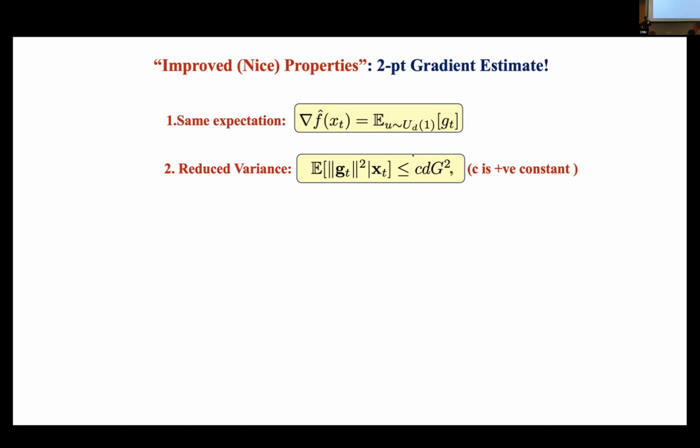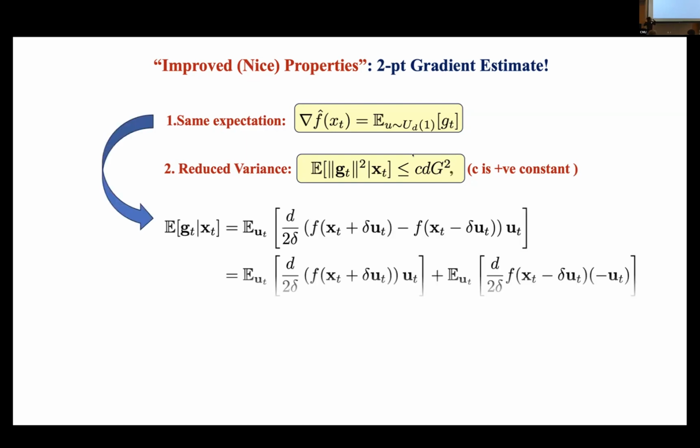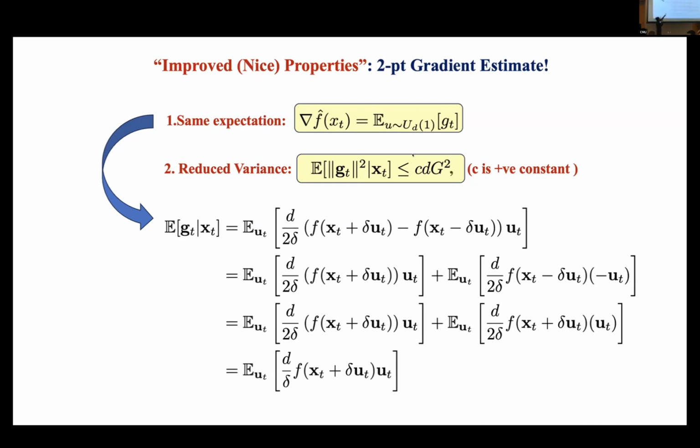But now, because we are using symmetrically opposing points, we can use some considerations of convex functions and some more tricks to show that this norm is much smaller. It's just dG squared, where G is basically the boundedness of the gradient of the actual function f, or you can think of it like a Lipschitz constant.